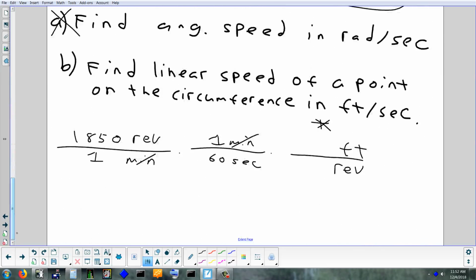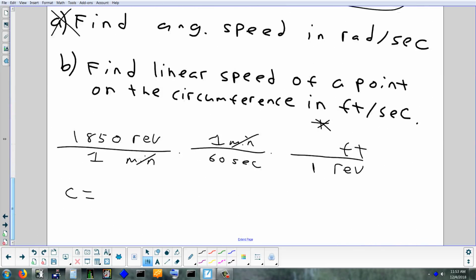Well, if we're thinking of a revolution and think of a circle, what's another name for a revolution? Like one full rotation of a circle. It's the what of the circle? It's the circumference. So what we really have to do is figure out how big one revolution of a circle is. Okay? Our specific circle.